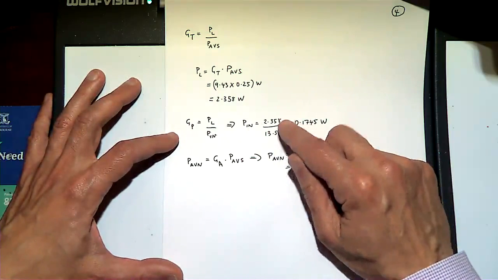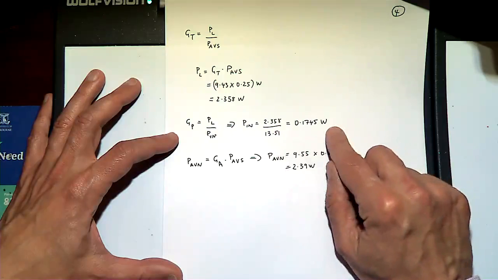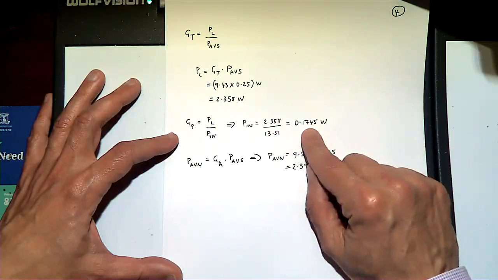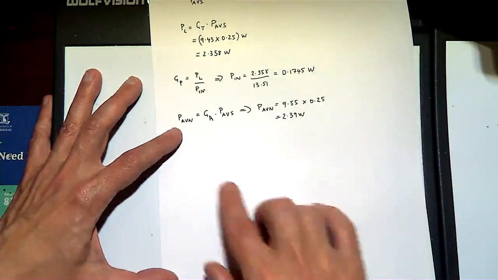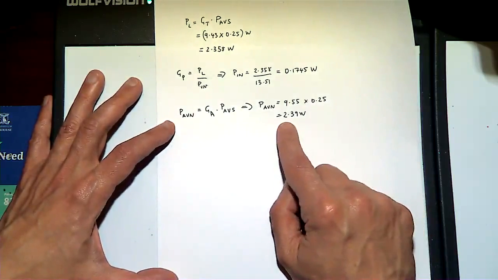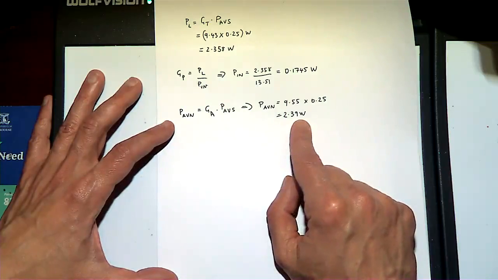It's 2.35 divided by 13.51, which tells us that the power into this network is 0.1745 watts, and then also the power available to the network, again using this relationship, is 2.39 watts.